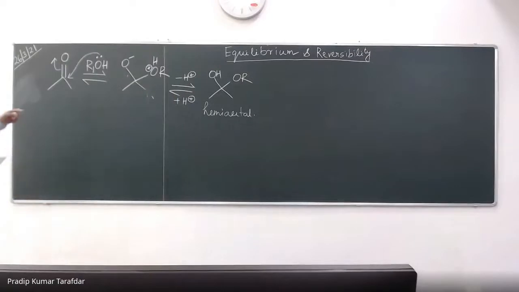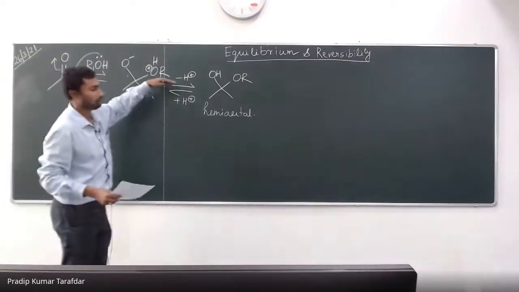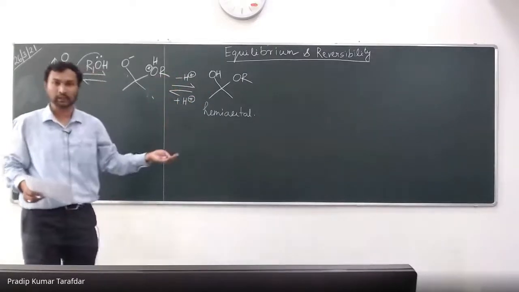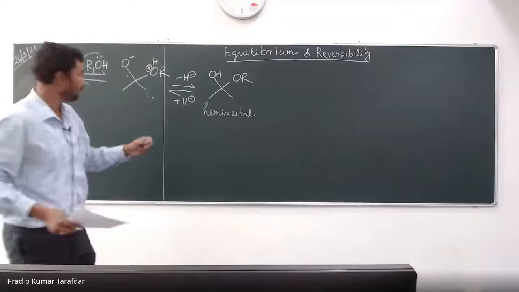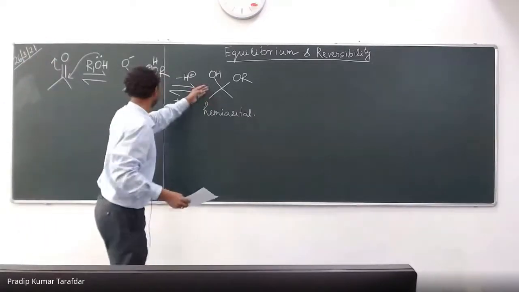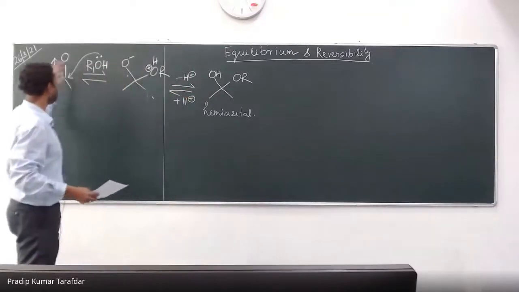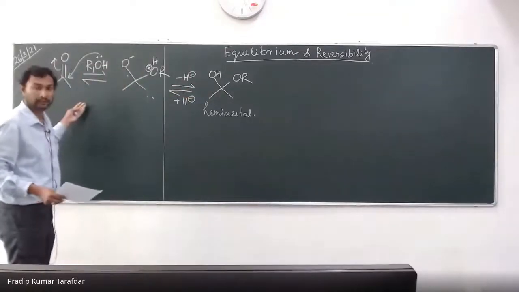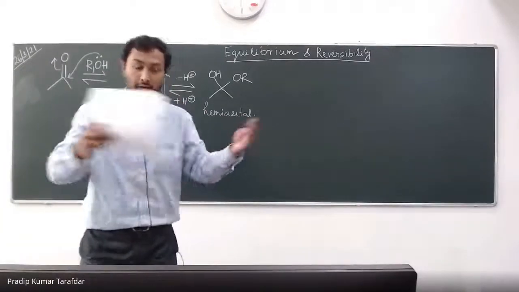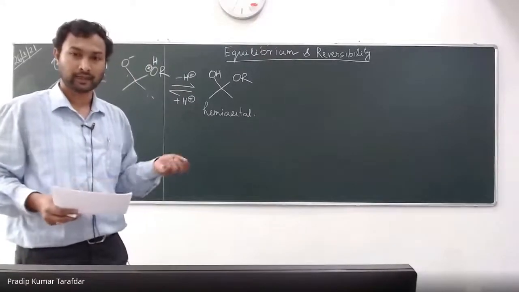So look at the reaction. See here, what we wrote is, this is in equilibrium. So what does it mean? It means that if you have a hemiacetal, that hemiacetal also can be cleaved. Suppose I have hemiacetal. If it is decomposing, what should I get? Can you please write?